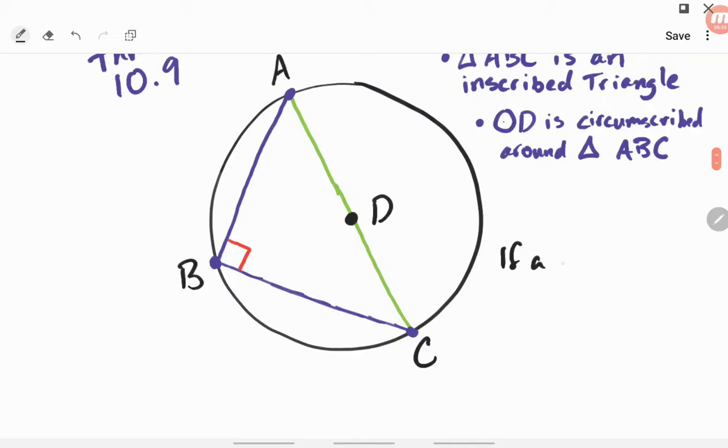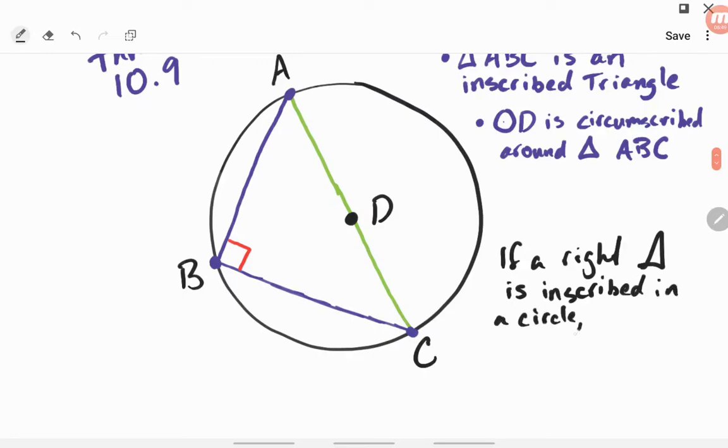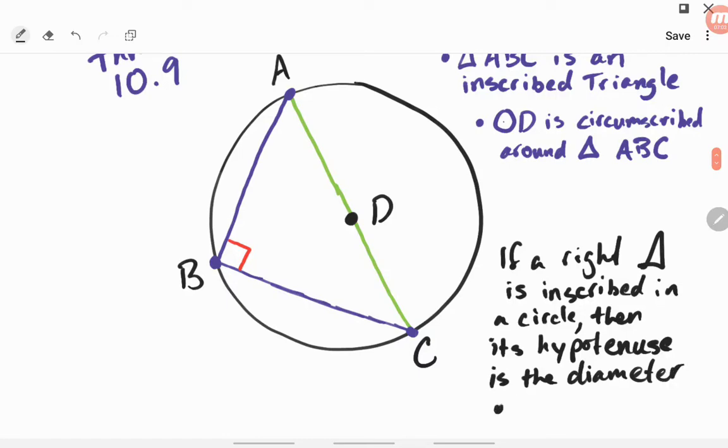If a right triangle is inscribed in a circle, then its hypotenuse is the diameter of the circle.